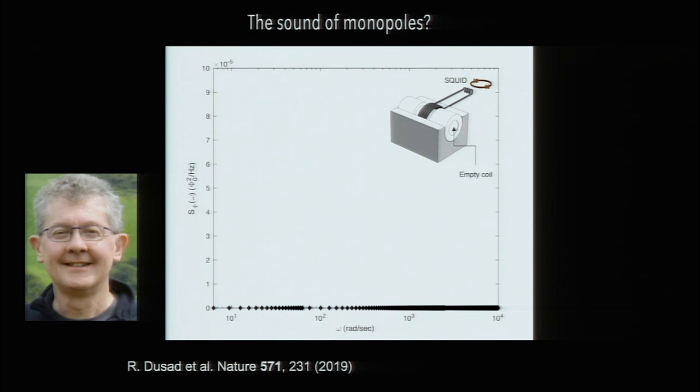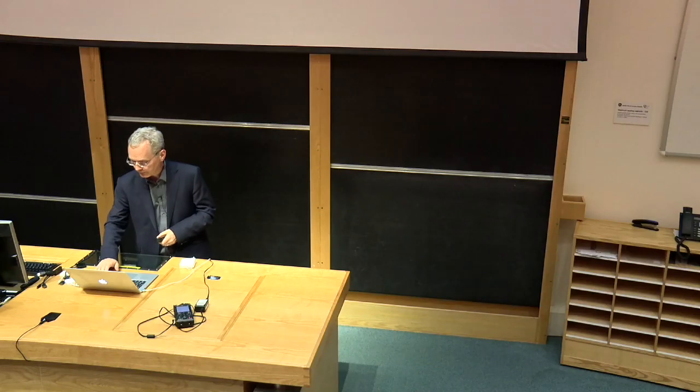It turns out that the noise of the fluctuating monopoles are such that their fluctuations are in the kilohertz regime, which means you can hear them. So although we normally plot graphs, for this particular case, we thought it was rather fun to actually listen to the data. So you've just heard the sound of magnetic monopoles.